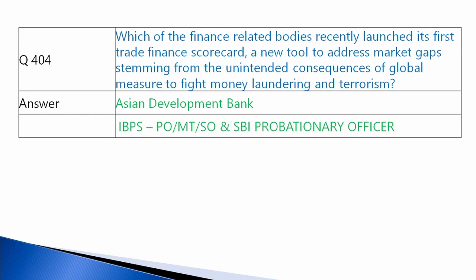Next question. Which of the finance related bodies recently launched its first trade finance scorecard, a new tool to address market gaps stemming from the unintended consequences of global measures to fight money laundering and terrorism? It is the Asian Development Bank.